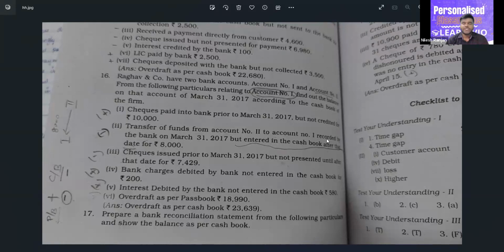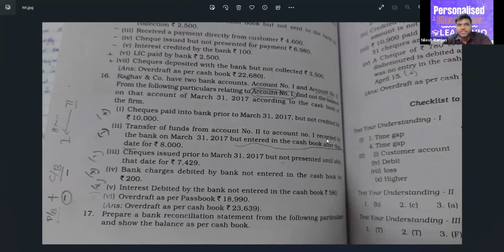Okay. Now, there is one more concept in this chapter, apart from the balance given in the question. You have to understand the adjusted cash balance. Sometimes the question will give you some incorrect information that is done in our cash book.